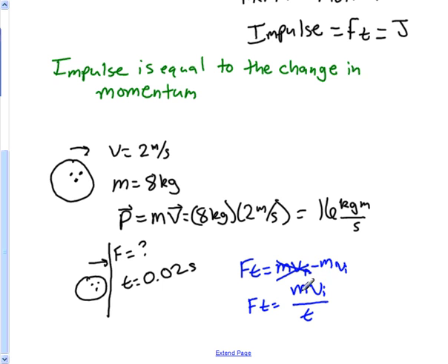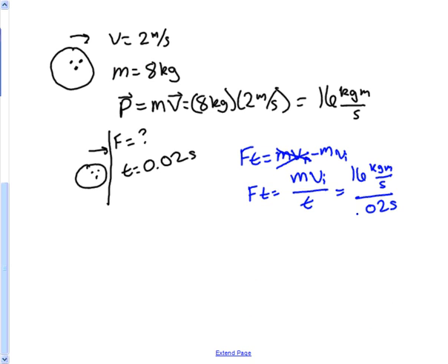We've already calculated this: mass times the initial velocity is this 16 kilogram meter per second, and we're going to divide it by 0.02 seconds. And that should give us a force. If you plug that in your calculator, it is 800 newtons.